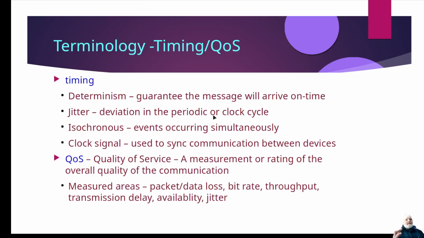Some other aspects of communication are, of course, timing. Timing can be just how fast you're sending bits, or that you're guaranteed that when you send a message, it gets there at a certain time or within a certain time. When we send the data, here comes bit 1, bit 2, bit 3, we can send these either with a clock signal, so that every time the clock changes, we know we're getting a new bit.